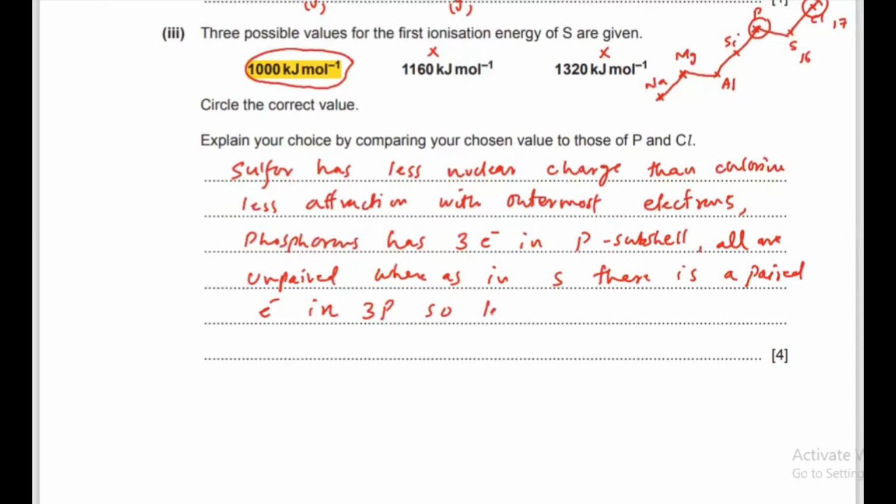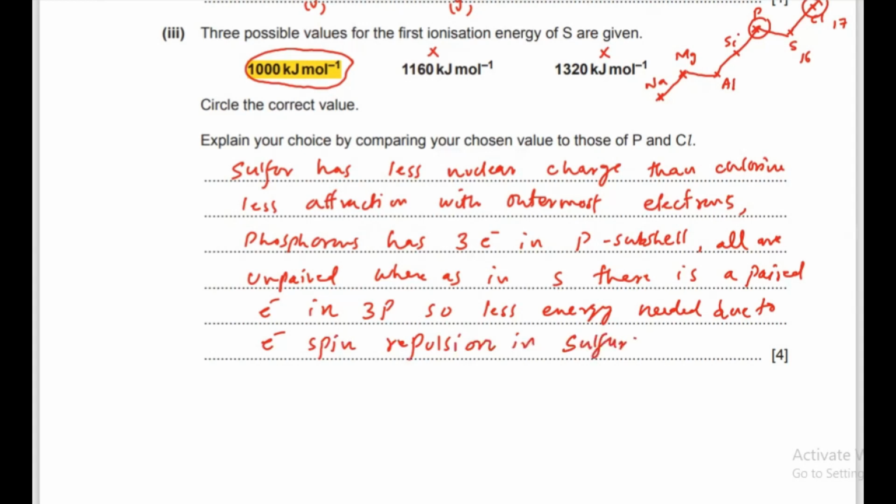So less energy is needed due to electron spin repulsion in sulfur.